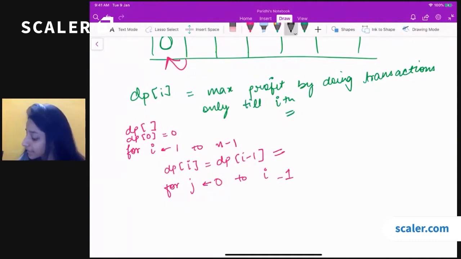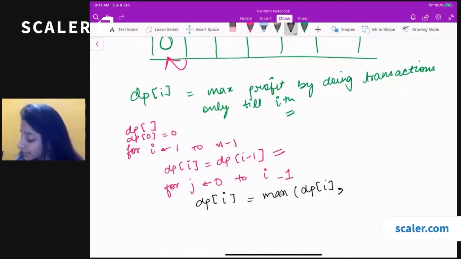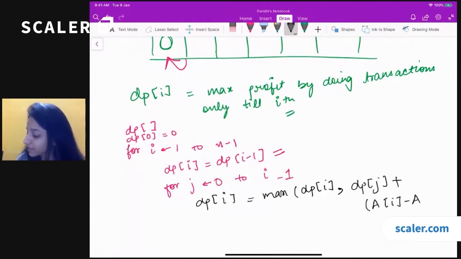DP of I will be equal to maximum of DP of I comma whatever the profit is at DP of J plus A of I minus A of J. So this is the additional profit that I have got while selling the stock on day I, that I bought on day J.